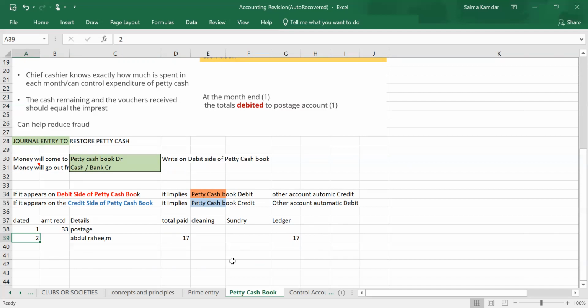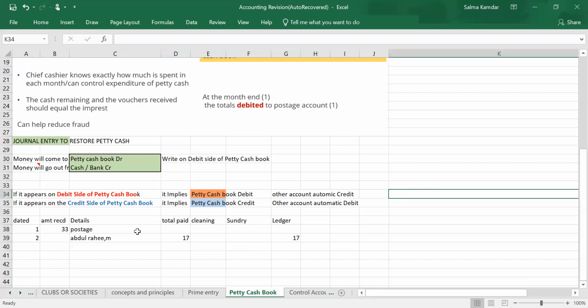This transaction is appearing on the credit side of the petty cash book, so I would say petty cash book is credit. So I have to complete the double entry: I will say Abdul Rahim debit, so the other account is automatically debit. If anything appears on the debit side of the petty cash book, it means petty cash book is debit and the other account will automatically become credit.